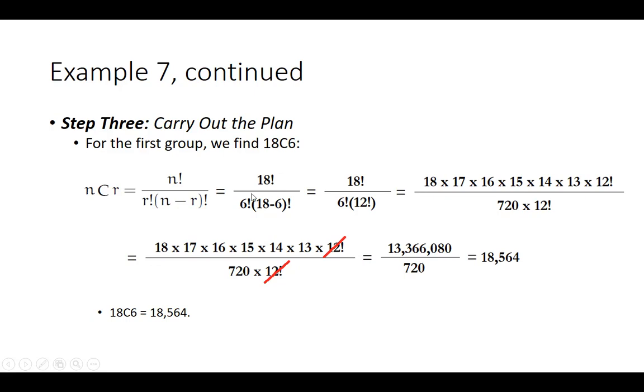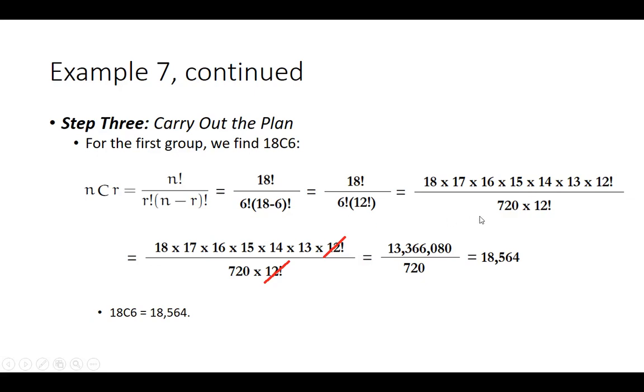We get 18 factorial over 6 factorial times 18 minus 6 factorial. 18 minus 6 is 12. So we have 18 factorial over 6 factorial times 12 factorial on the bottom. Writing out 18 factorial as far as we need to go would be 18 times 17 times 16 times 15 times 14 times 13 times 12 factorial. We can stop there because there's a 12 factorial we can cancel with on the bottom.